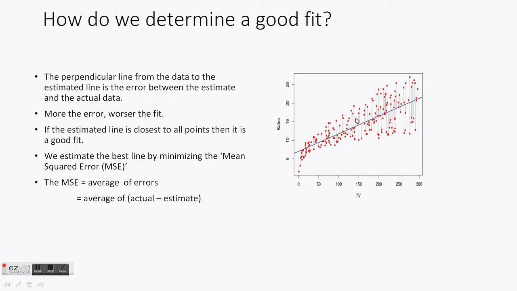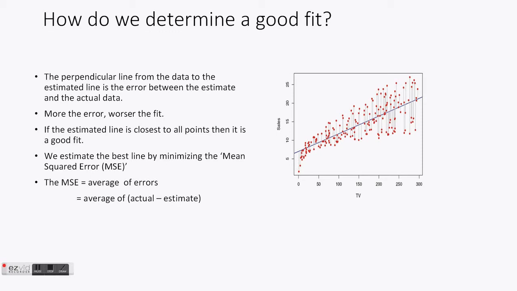A good fit is when we drop perpendicular lines from these actual data points to the estimated line, and we sum up these distances, and we make sure that the total sum of the distances is the lowest, then we can say that it is a good fit. Clearly, if it follows very close to the point, then the perpendicular distance between that actual data point and the estimated line will be very small.